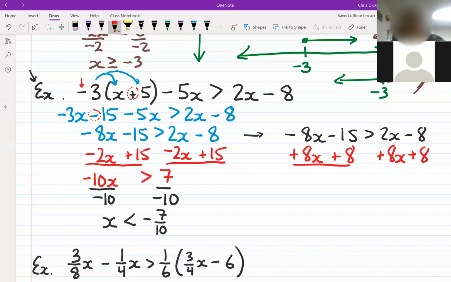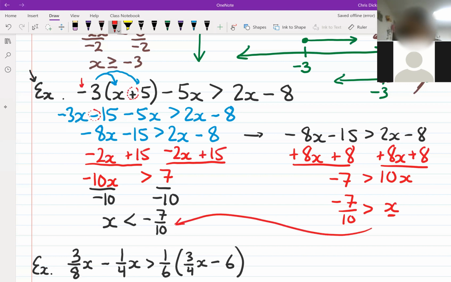Then they cancel, so I get negative 7 and bigger than. And then I would get 10x here. And then the 8s would cancel. And if I divide by 10, I now get negative 7 over 10 is bigger than x here. Now, if you read it backwards, it actually is the same thing as that. It's x is less than that number there. So there's a couple of different ways you can go on a question like this.